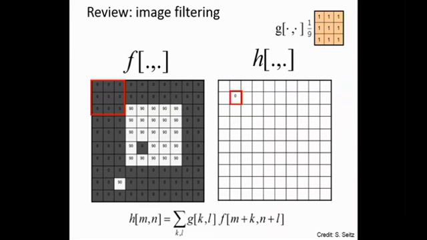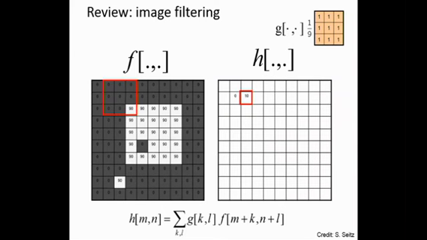You store that response at the center of where the filter was. For example, here the response is 0. It's a bunch of zeros times 1/9. Take a step to the right. The total response is 10. It's 8 zeros times 1/9 plus 90 times 1/9. Take another step. Now it's 20 and 30, and so on.